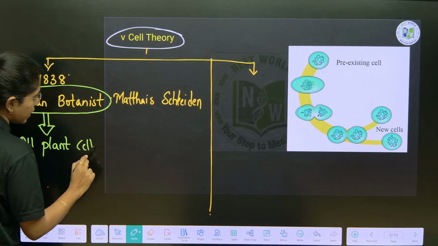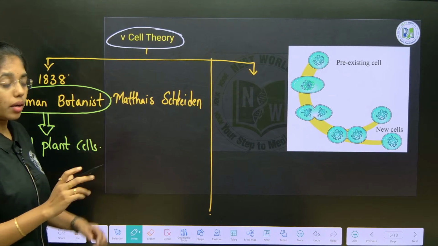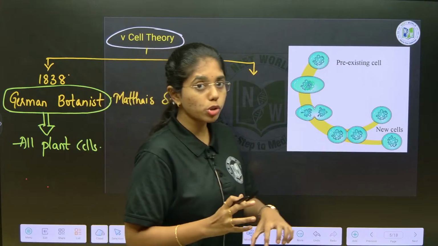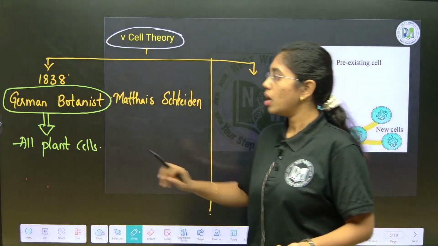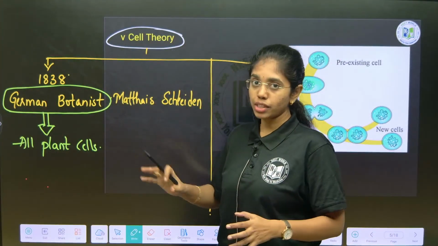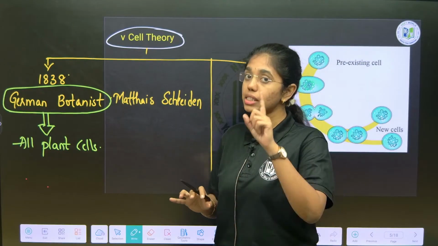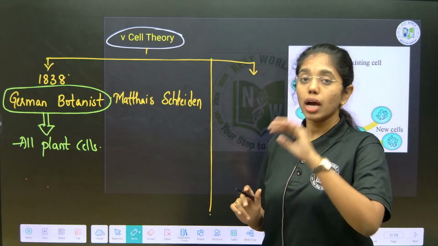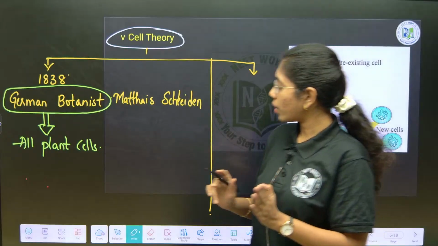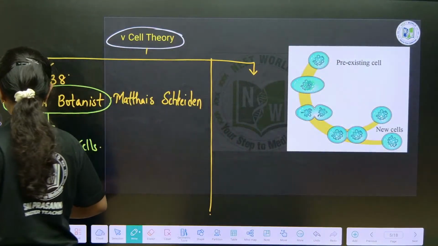He said that all plant body is composed of cells and products of cells. He just observed all the plant cells and the complete plant body, and he gave out only one point: the complete plant body is composed of cells and products of cells.